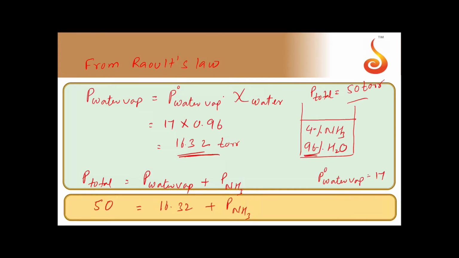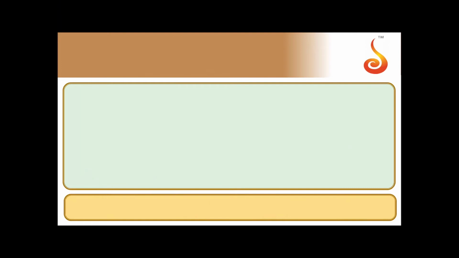So P of NH3 will be 50 minus 16.32, that will be 33.68. Therefore the pressure of ammonia is 33.68.